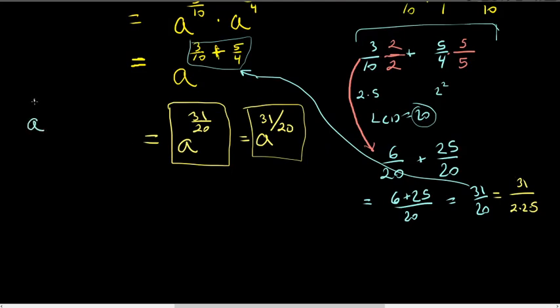When you have a rational exponent, m over n, the n is the index, the m is the exponent, the power. So you could write this also as the 20th root of a to the power 31. That would be the same thing as a radical instead of an exponent.